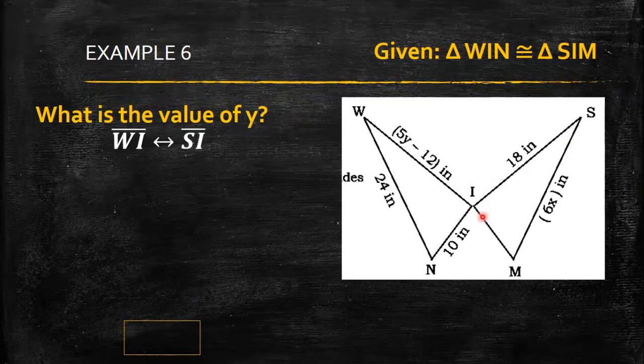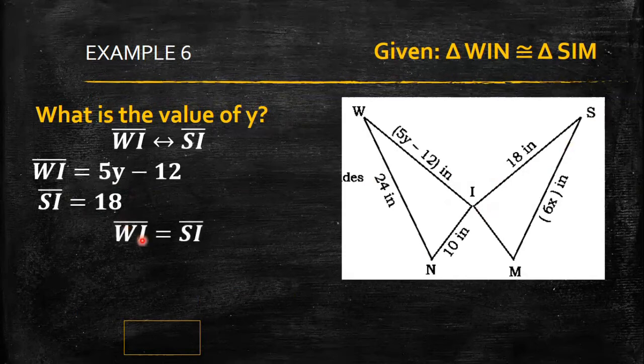So, ang measure ni WI ay 5y minus 12 at ang value naman ni segment SI ay 18. So, i-equal din natin sila sa isa't isa because they are corresponding sides. To get y, we have WI equals SI. So, substitute natin yung mga values. We have 5y minus 12 equals 18.